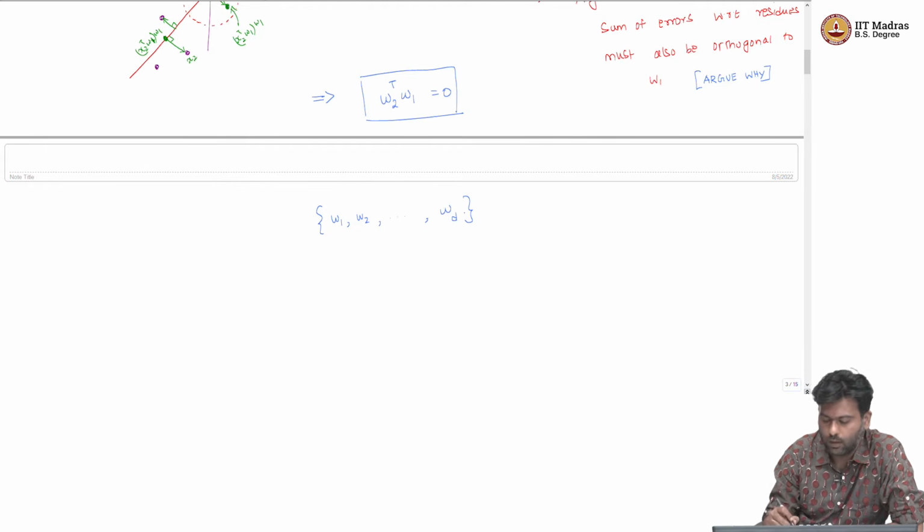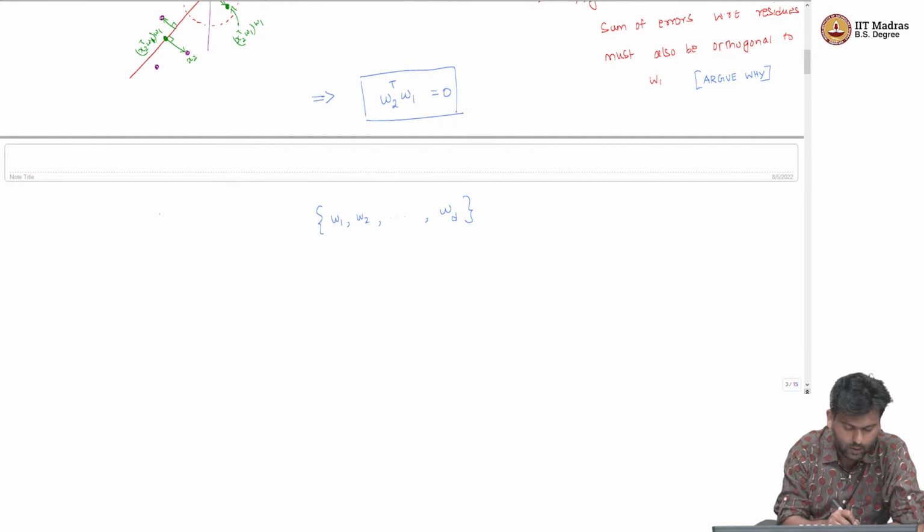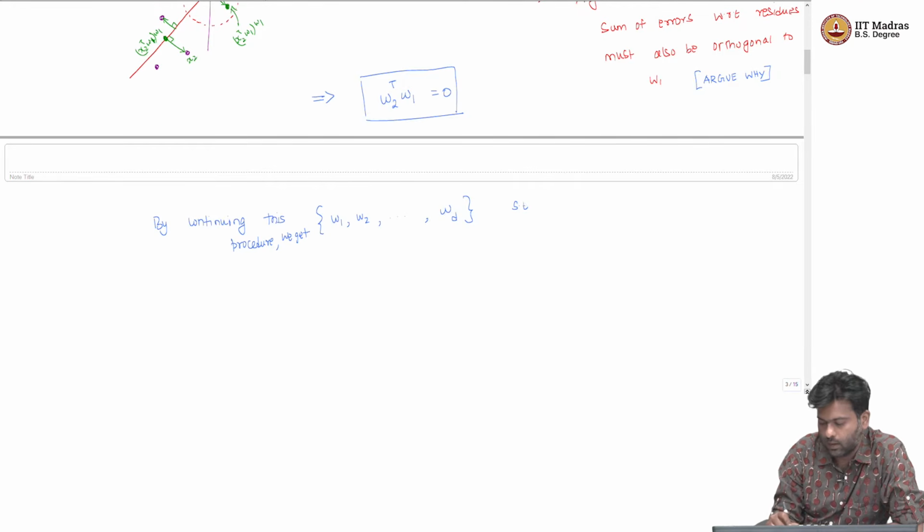So, in R^D, by continuing this procedure, we get W1 to WD with the property that norm of Wk squared is 1 for all k, and Wi transpose Wj equals 0 for all i not equal to j.